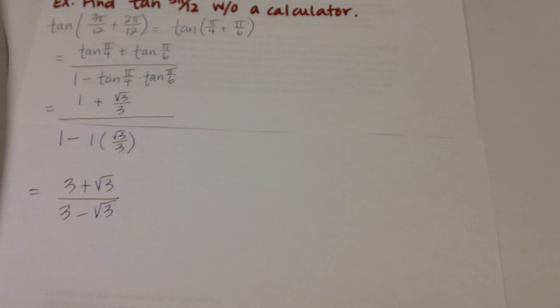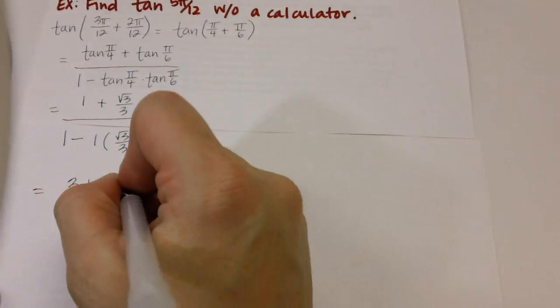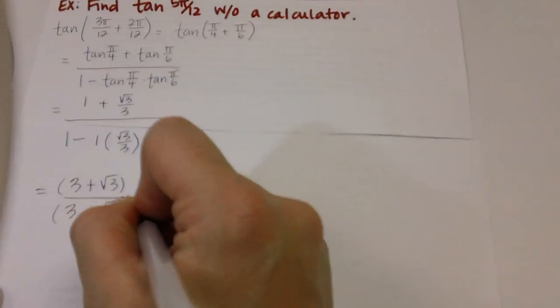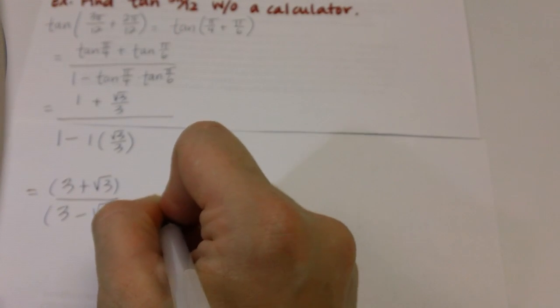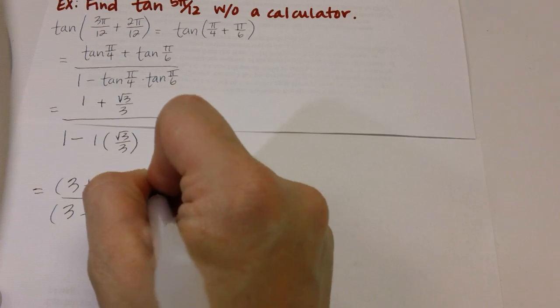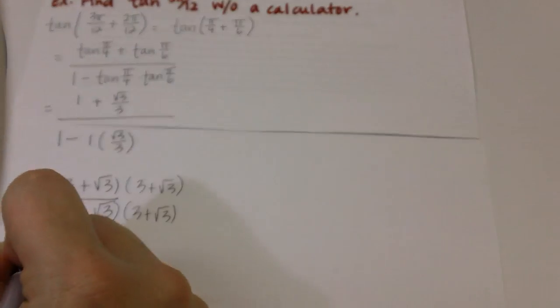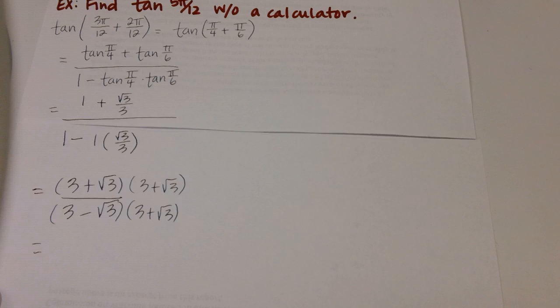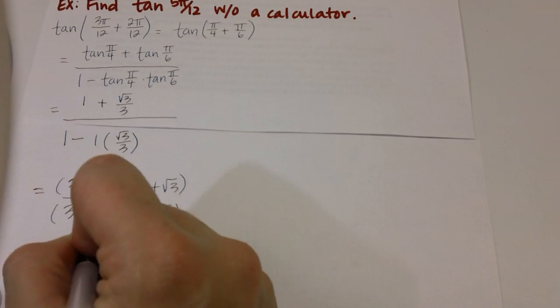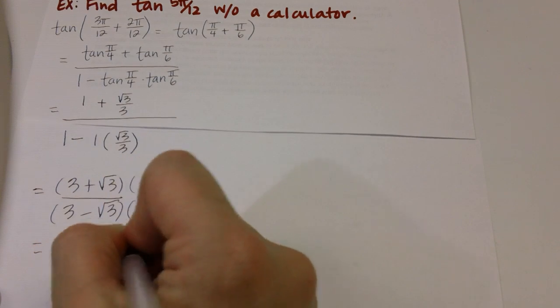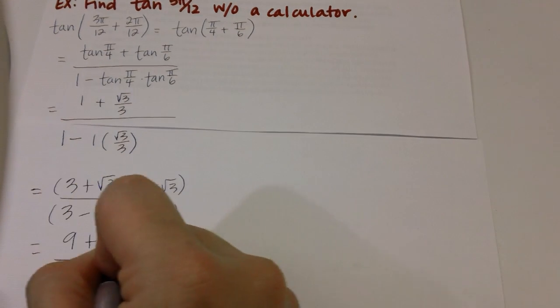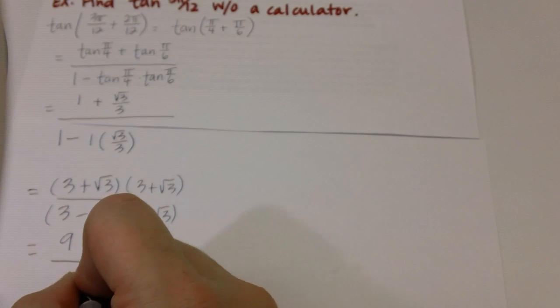Okay, now we have a radical in the denominator, so we need to get rid of that. We're going to multiply by the conjugate, which would be 3 plus the square root of 3 over 3 plus the square root of 3. When we multiply that together, on the top we end up with 9 plus 6 square roots of 3 plus 3, and on our denominator we get 9 minus 3.